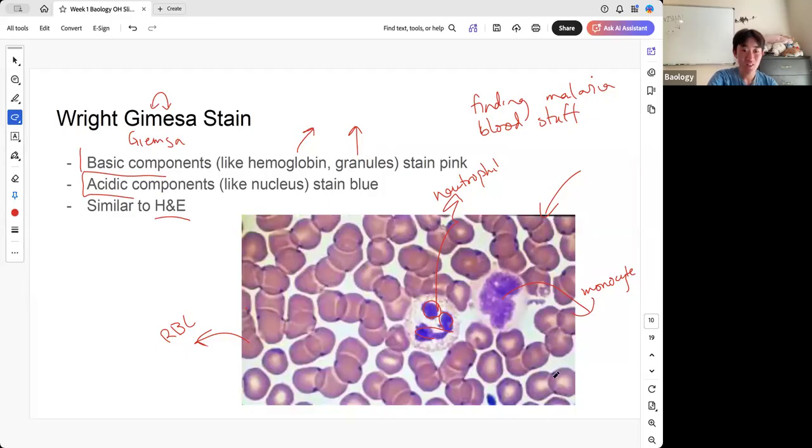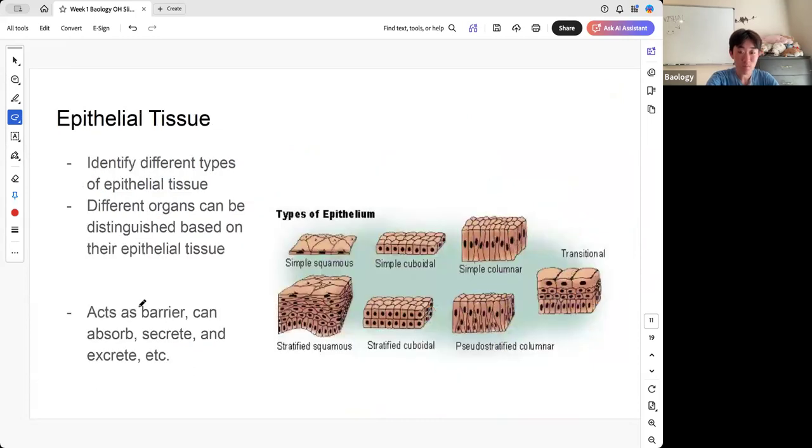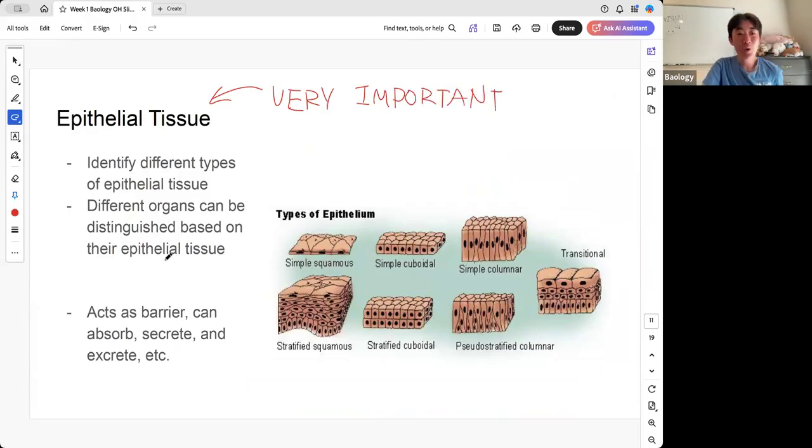So let's move on. I'm not going to talk about anime for a while. This is actually important in USABO, as opposed to the stuff we've been talking about, which is kind of important but low-key not that important. Epithelial tissue is tissue that lines organs and your inner lumens and cavities.